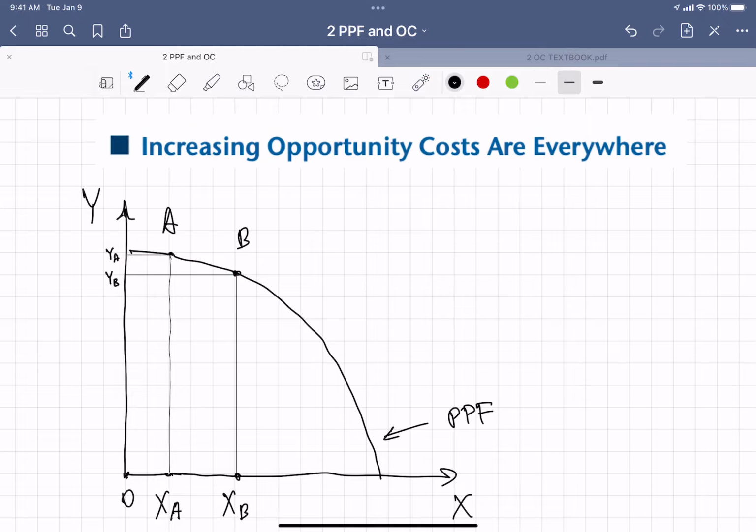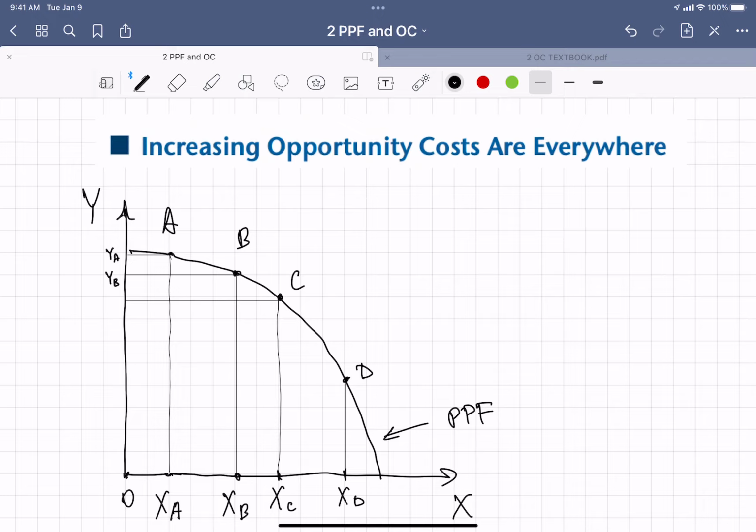Now let's see what will happen if you were moving between two points that lie on the steeper section of your PPF curve. Let's say you're still increasing your output by 3 units, going from point C to D. That would be XC, and that would be XD.